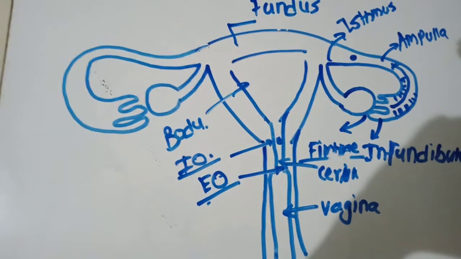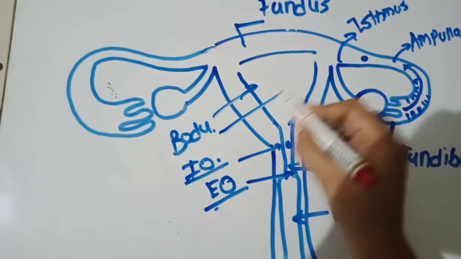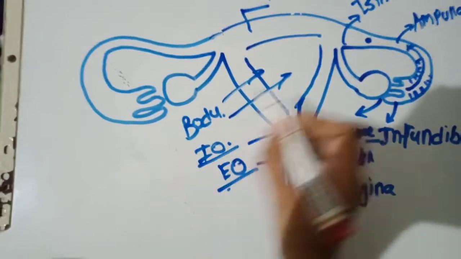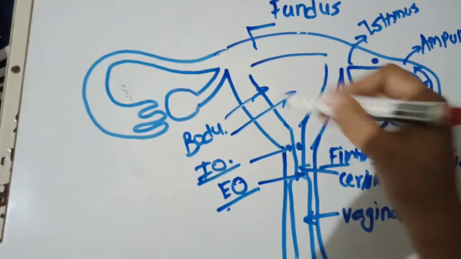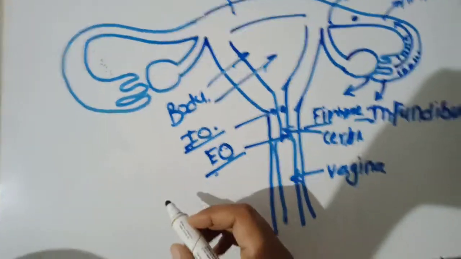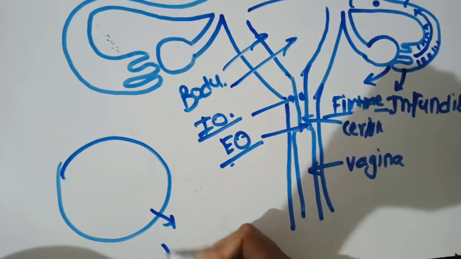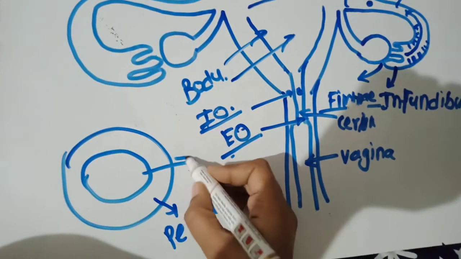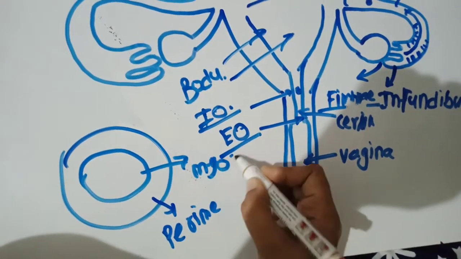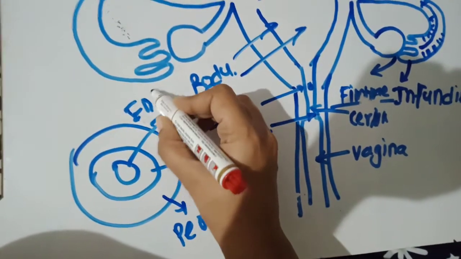The next thing is we'll see the internal part of the uterus. You see this uterus, it is divided into three layers. The outermost layer is called the perimetrium, the middle layer is called the myometrium, and the innermost is called the endometrium.